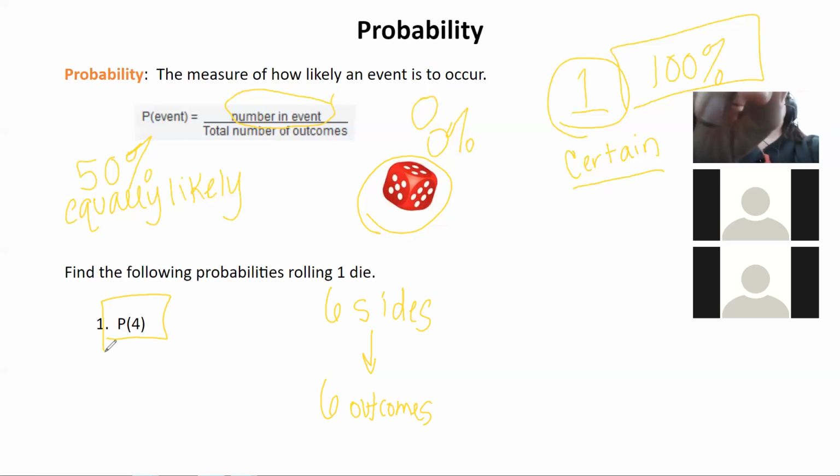So, to find the probability of rolling a 4, that's what it's asking for here. Whatever is in parentheses, that's what they're looking for. So how many sides on the die have a 4?